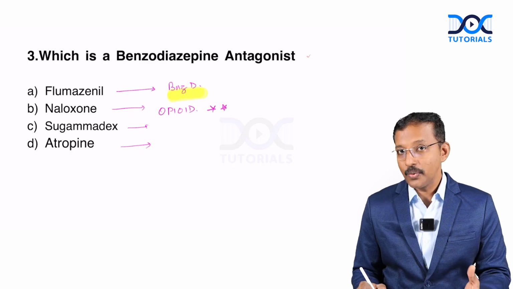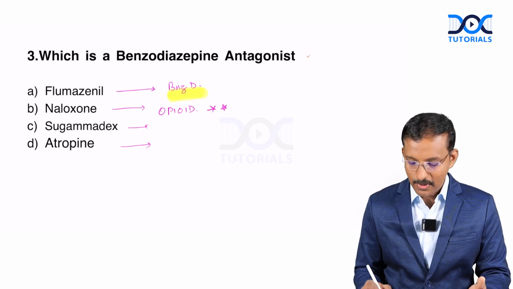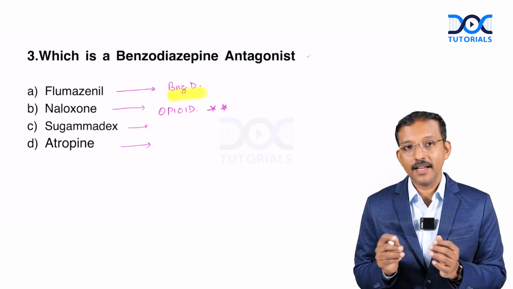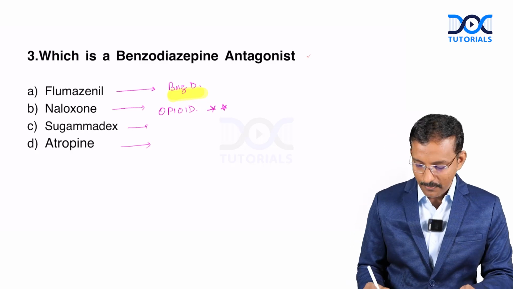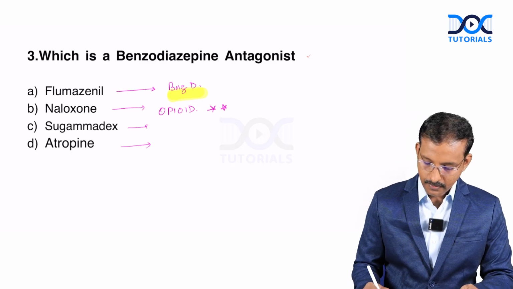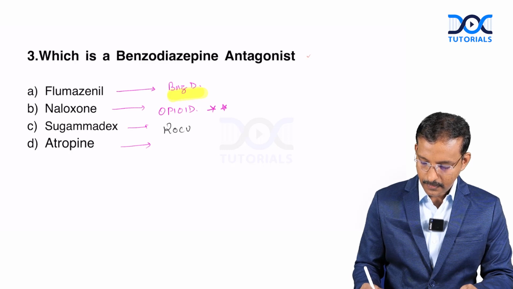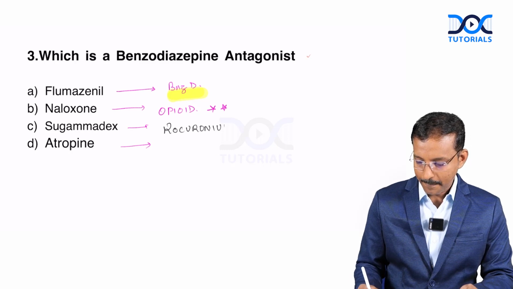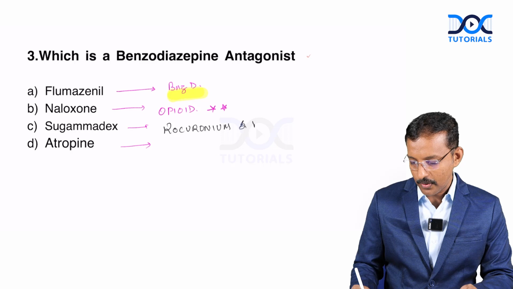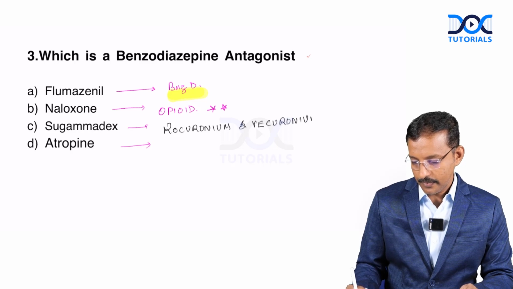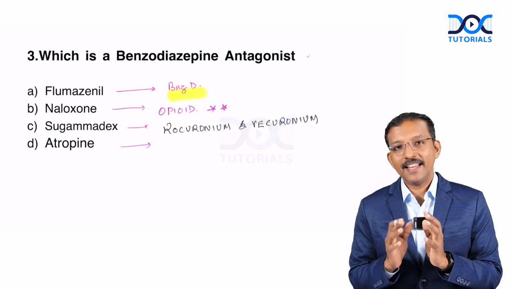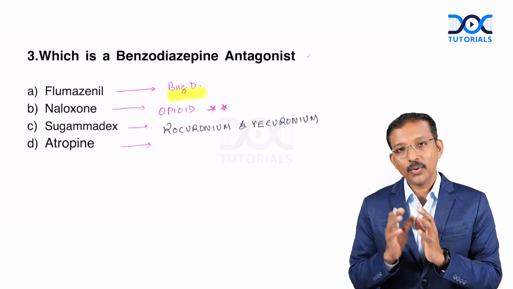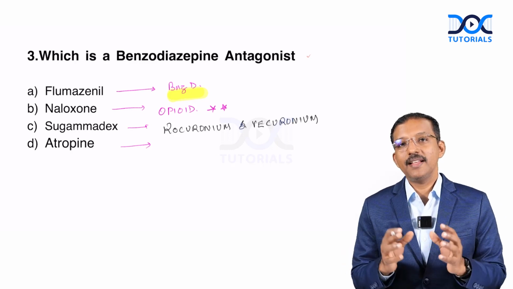Sugammadex, as you know what is sugammadex? Sugammadex is actually an antidote, or you can say it is a reversal agent for rocuronium, as well as vecuronium. Okay, so sugammadex is an agent which actually mixes with rocuronium and vecuronium and then eliminates them.